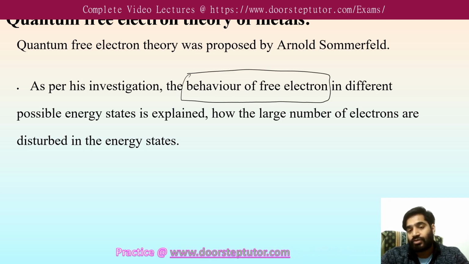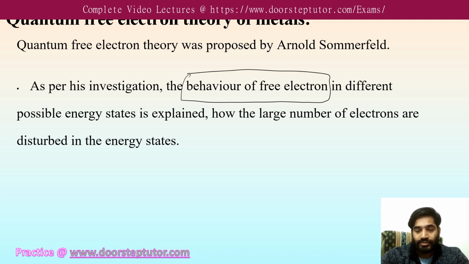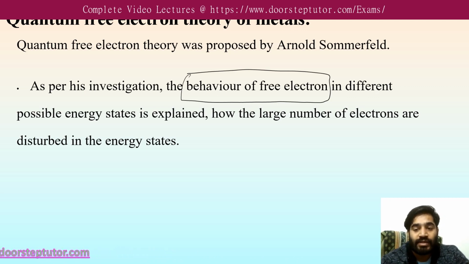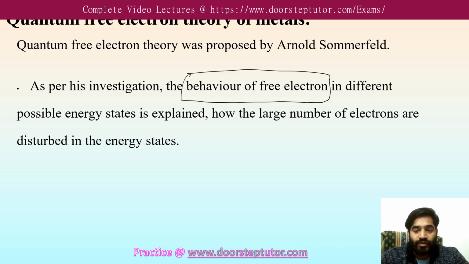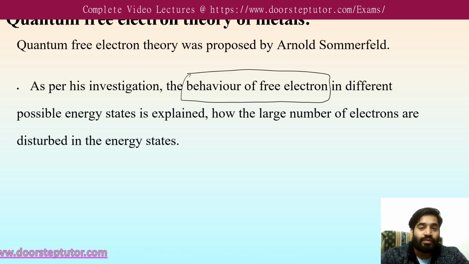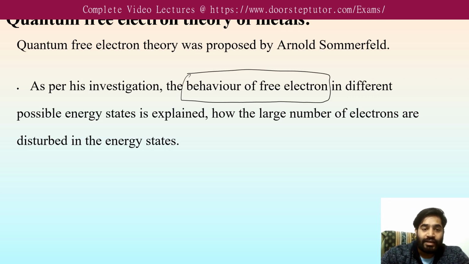You can also say that this theory talks about the Fermi-Dirac statistics. As you know, the Drude model treats the electron as a classical particle. But Sommerfeld used the Fermi-Dirac statistics. Why did he use the Fermi-Dirac statistics? To describe the distribution of electrons in the energy states.